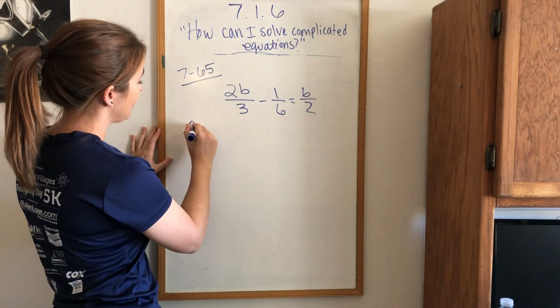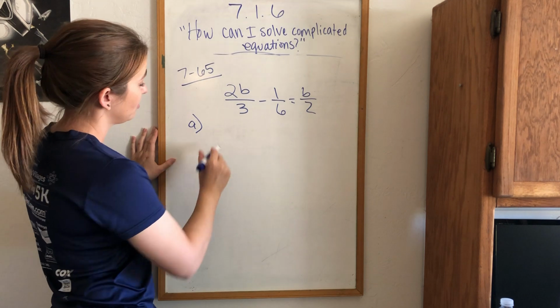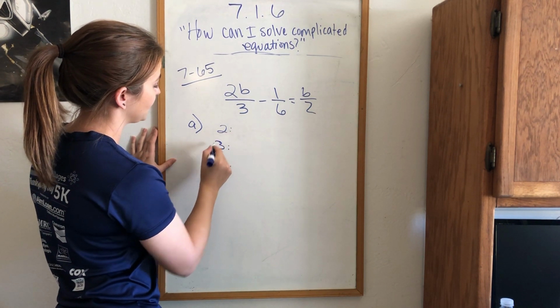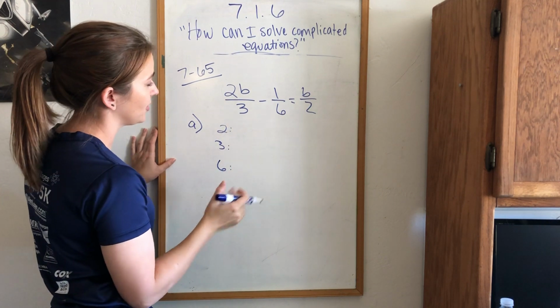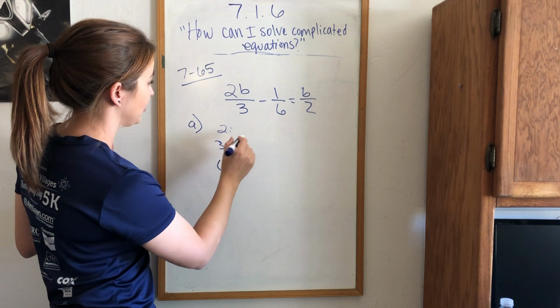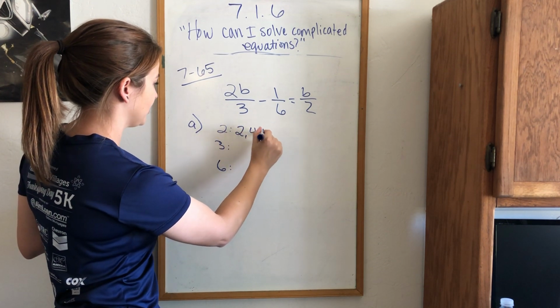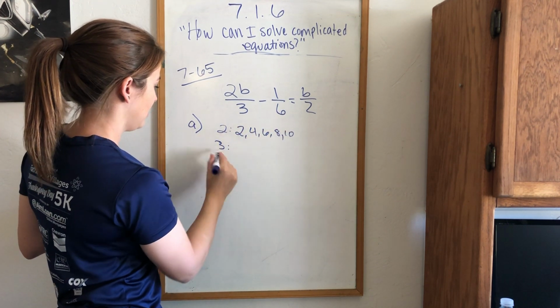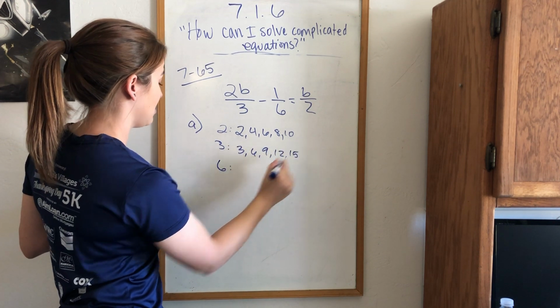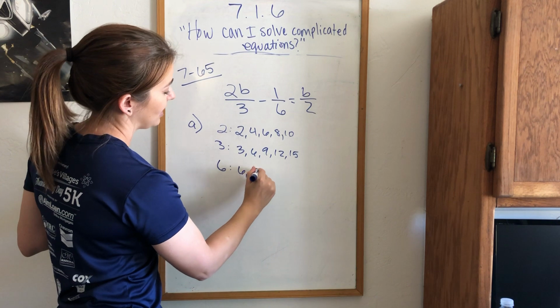You might know it already, but if you don't, I'm going to show you what I would do to figure that out. If you were adding all these fractions together, you'd have to find a common denominator. So I'm going to find the least common multiple of each. 2, 4, 6, 8, 10, 3, 6, 9, 12, 15, 6, 12, 18.